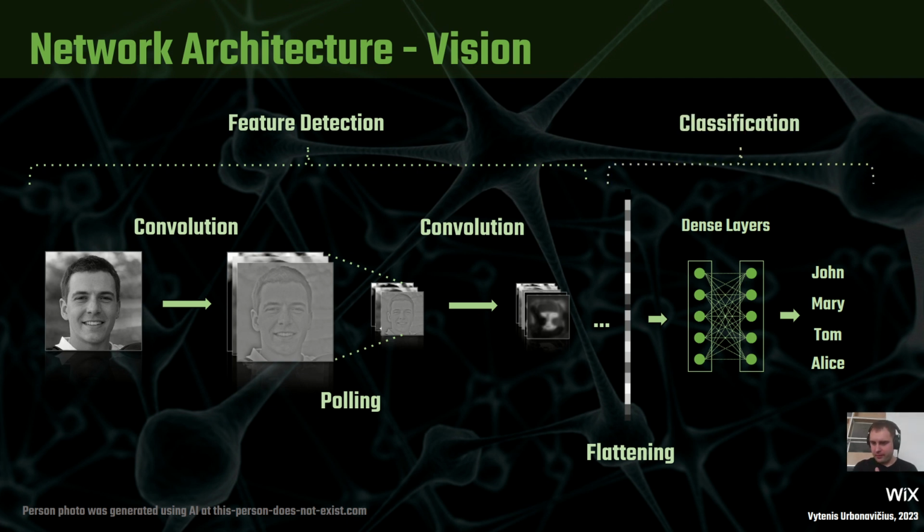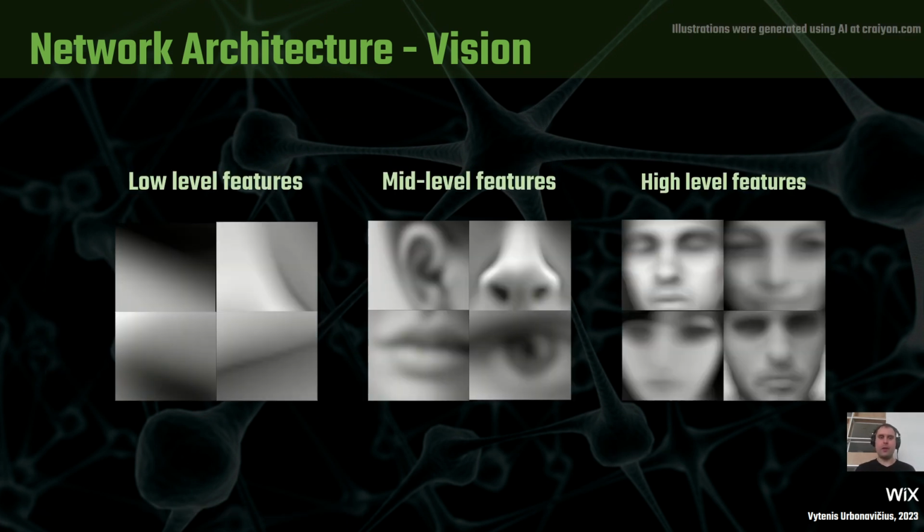Now, how do those filters actually look when we perform this whole operation? This is an illustration of what a neural network could come up with when it's designing filters during the training process. Initially, when it works on the overall image, it's likely to start highlighting dark spots, light spots, edges, etc., some low-level features.